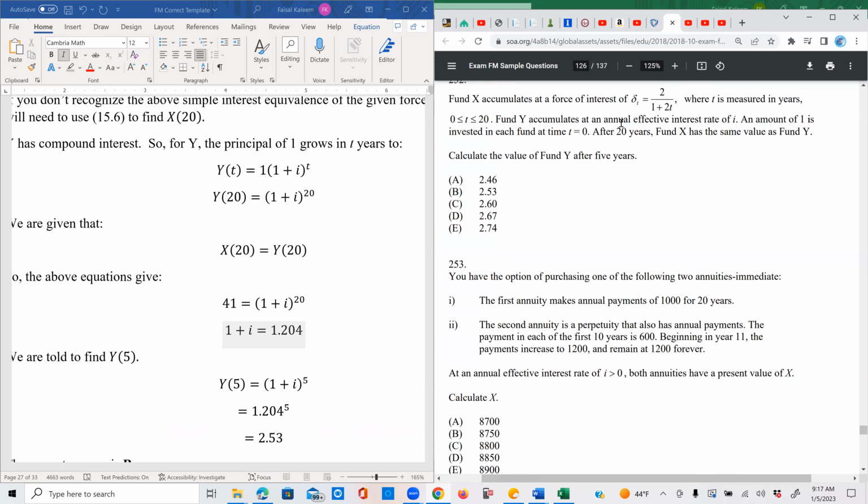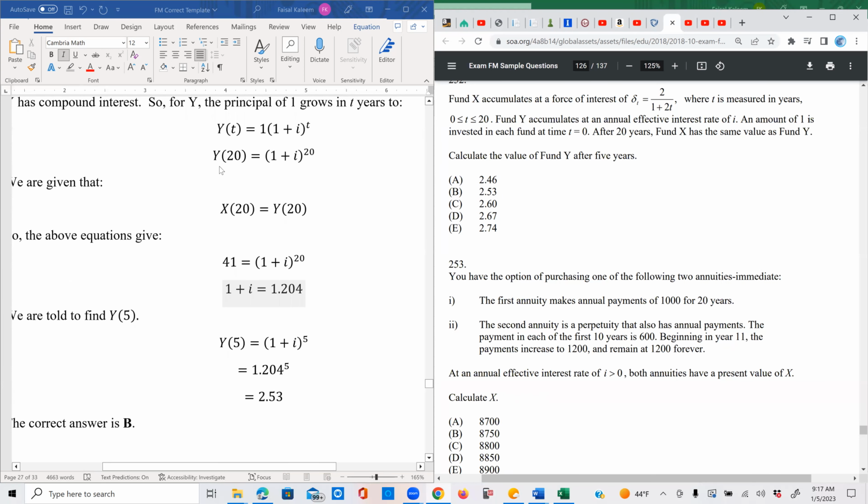Remember, whenever we have a constant annual effective interest rate, that's corresponding to a compound interest. So for y, the equation would be p times 1 plus i to the power t. P is 1 in this case also. Both have starting principals of 1. So y at 20 would be 1 plus i to the 20.